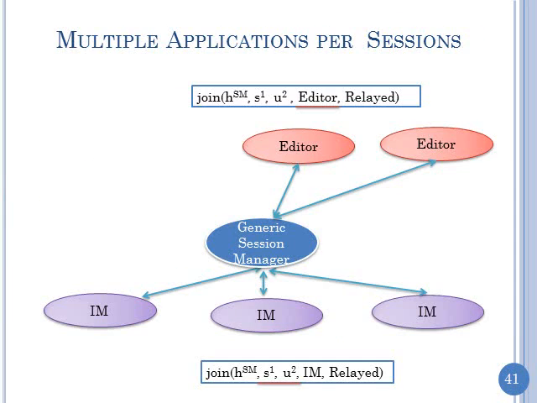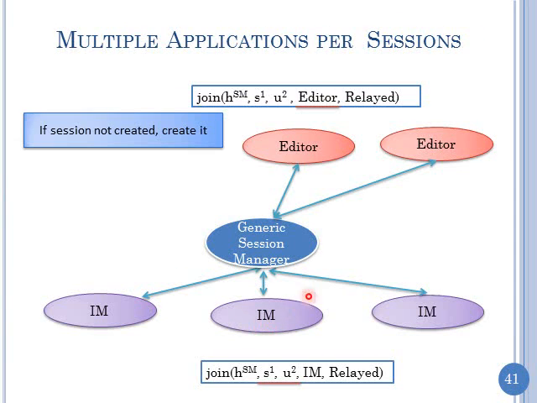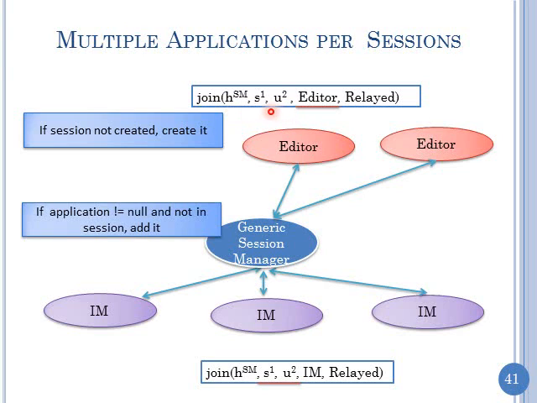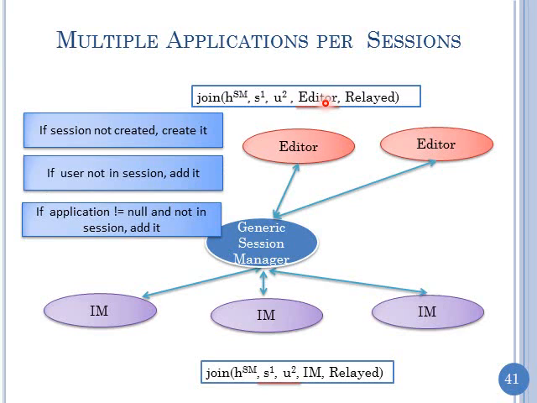So let's go and look at what this really means. Now my join call takes not only the session name, which is the overall session name, and my name, but also an application name or subsession name. Okay, you could have IM1, IM2 also if you want to, but typically you're going to have subsessions of different types in an overall session.